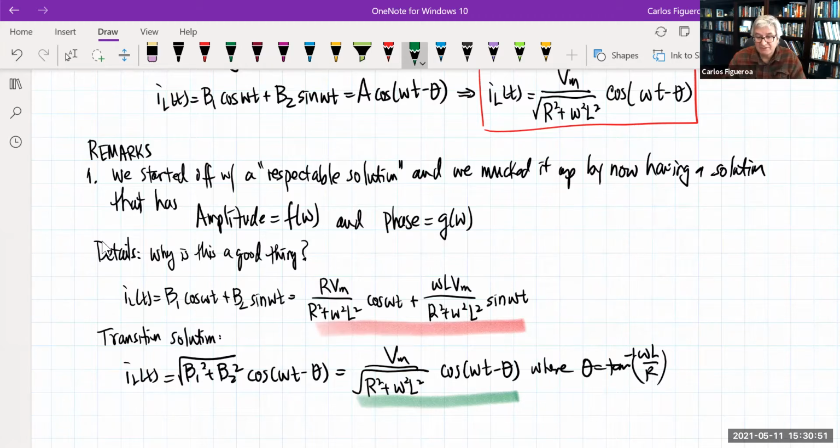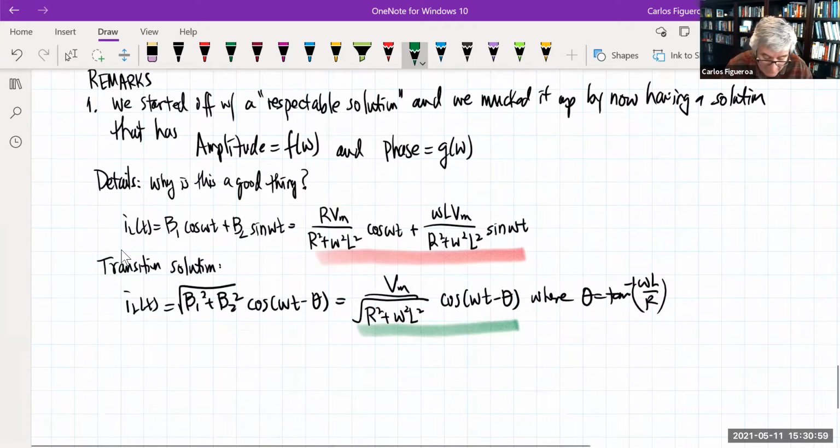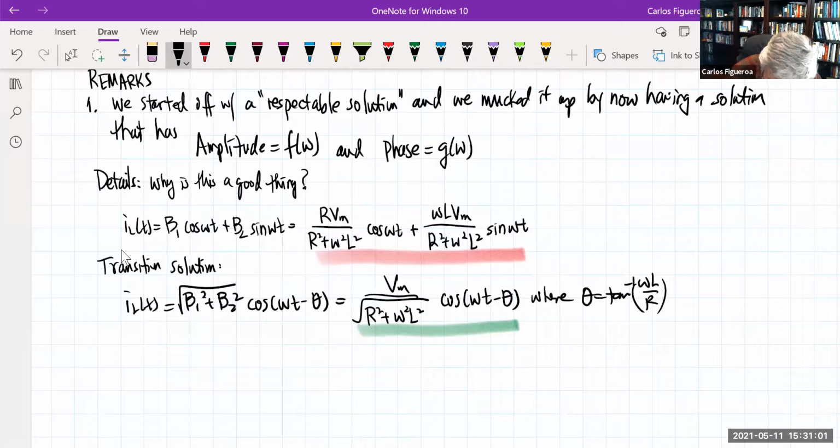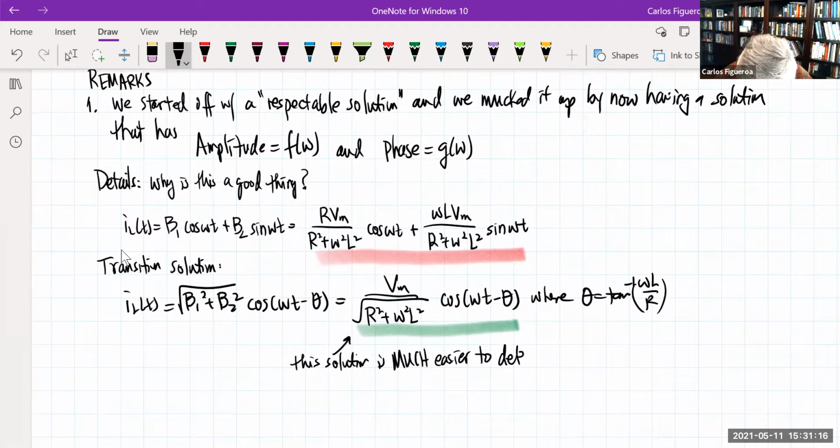And what I mean by it's easier to interpret here is that if there's a frequency change, look where the frequency is at. What I'm saying here is that this solution is much easier to determine frequency changes.